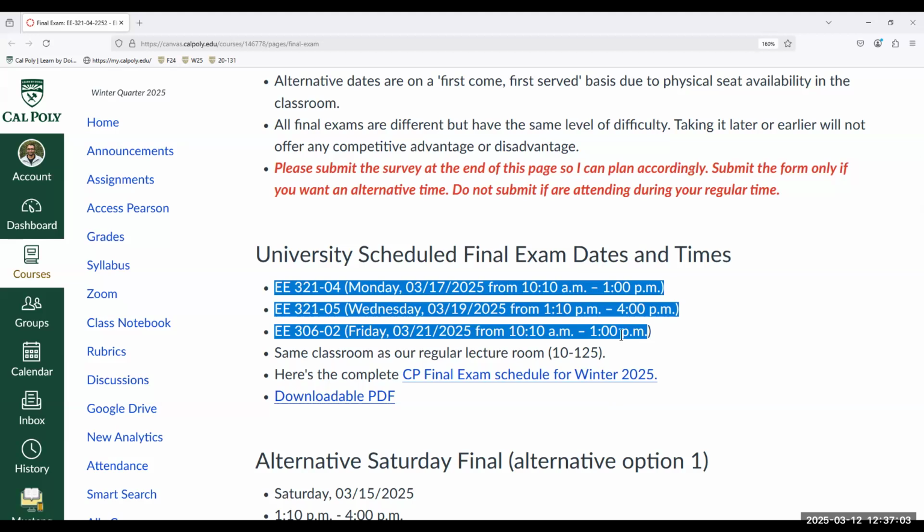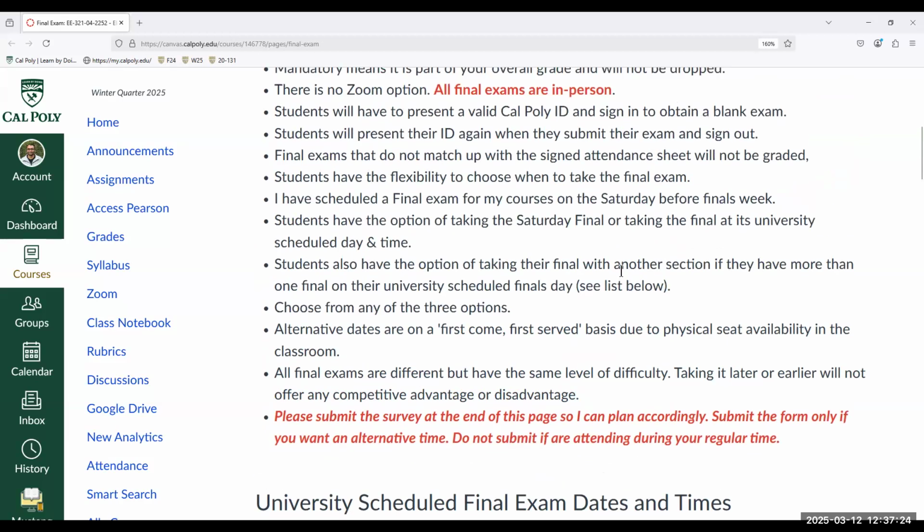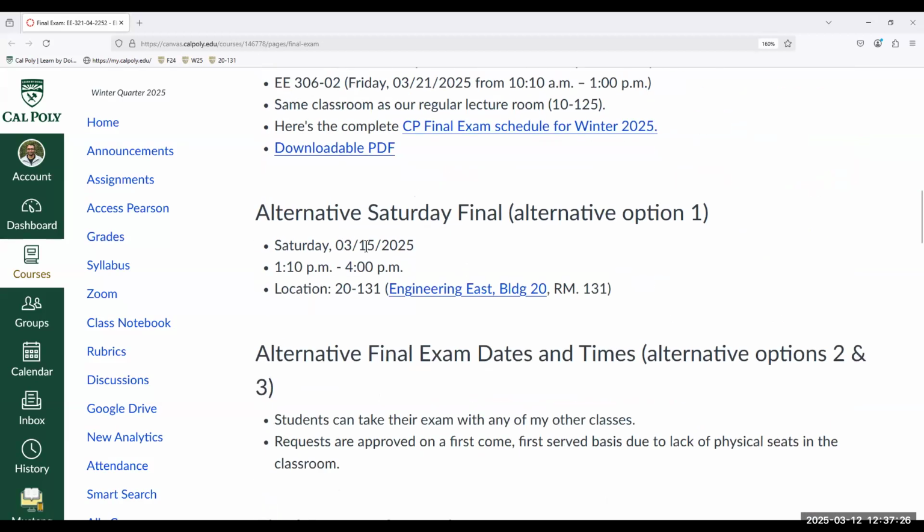The university classroom scheduling committee decides which courses take place in which classroom. And then the schedule for the final exam is also decided by them, so that there is no clash, right? That means the room is available during the course time. All right, so same classroom as a regular lecture room. And then if you also want, there's an alternative option, is taking it on Saturday before finals week, which is this coming Saturday.